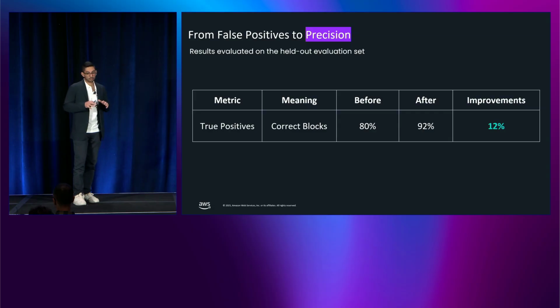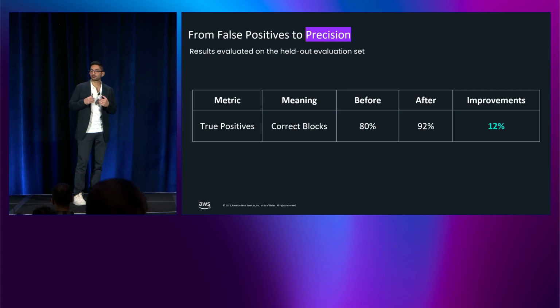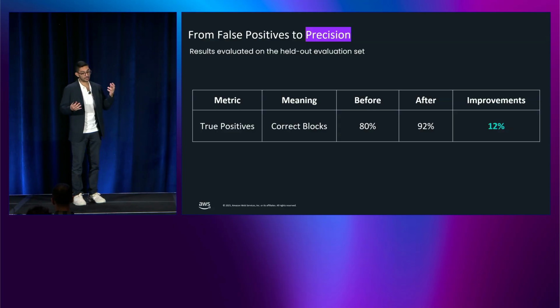Okay, so what does this actually mean? We go from 80% true positives, which are correct blocks, to 92% after the first iteration. This is a huge improvement after just one iteration. It also shows how, by injecting your business context into the process, you can really unlock this shift from average to great.